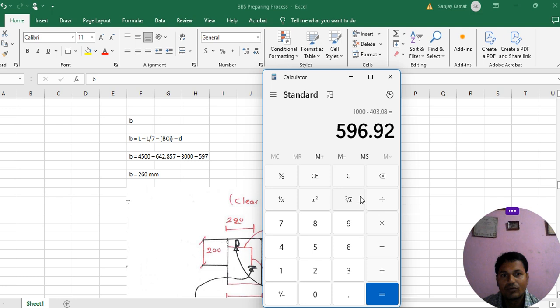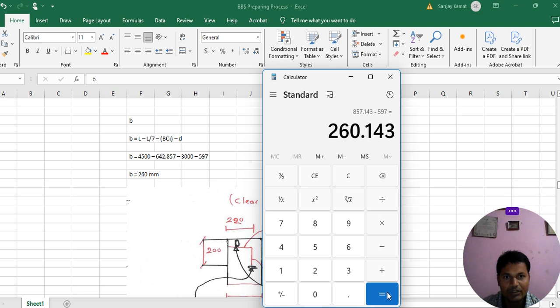Erase all this first. Type 4500 minus 642.857, minus 3000, and minus 597.